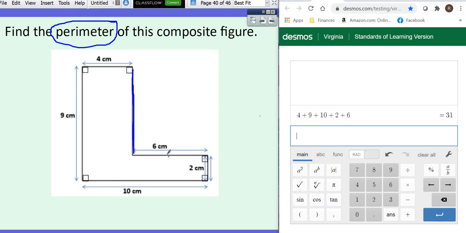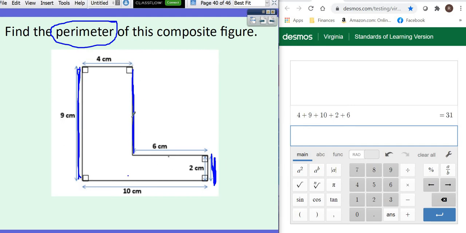If this line is going straight up and down, I'm going to have to use the other pieces that are going straight up and down to figure out what that missing part is. I've got a 9 and a 2.